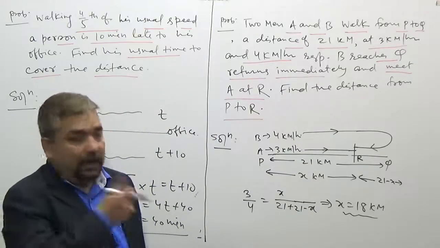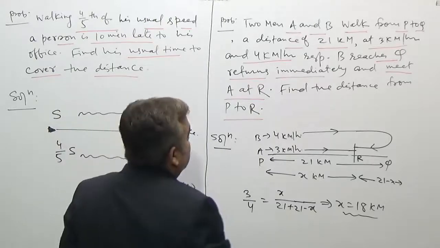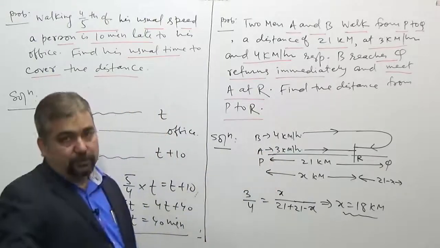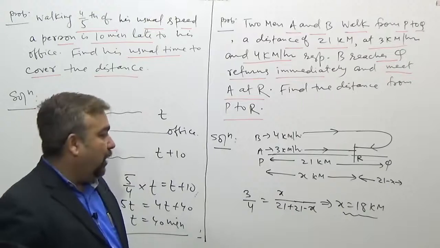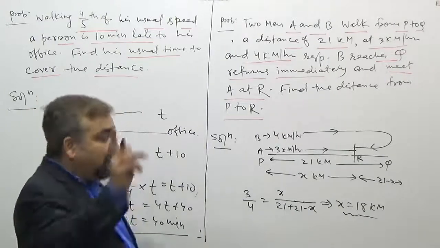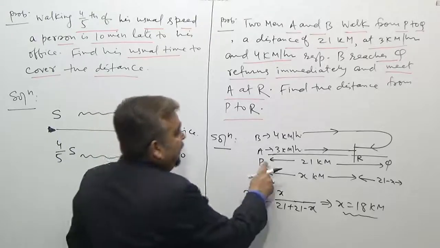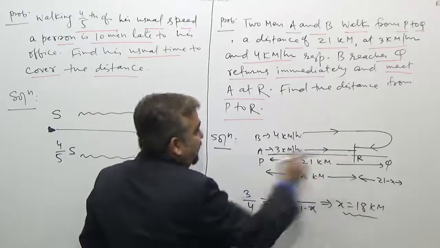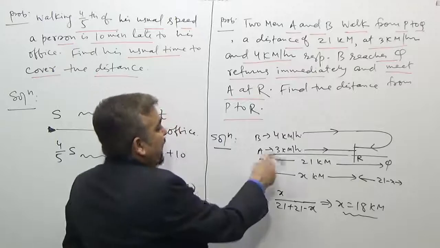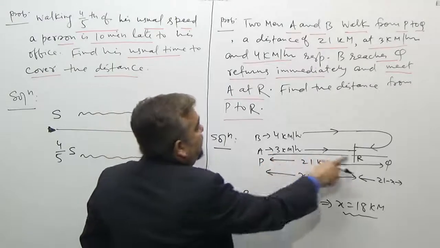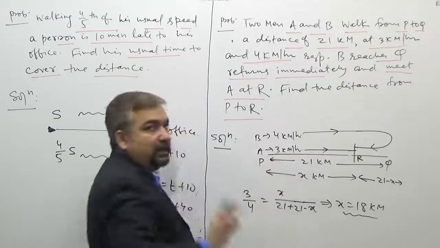Now, the second approach is like this. You can use options also. How? In the options, 18 kilometer will be there. So PR is 18 kilometer if you put the option. The time taken by A in covering 18 kilometer is 18 by 3, that is 6 hours.